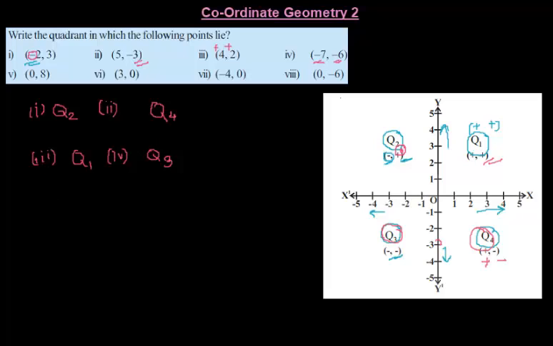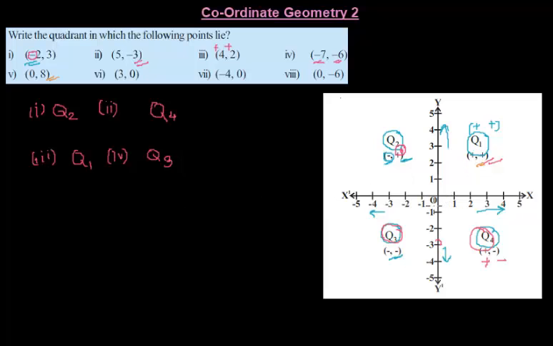Now, let us take the fifth point. The fifth point is 0, 8. 0 can be taken as a positive one and 8 is also positive. Positive and positive comes to Q1 quadrant.